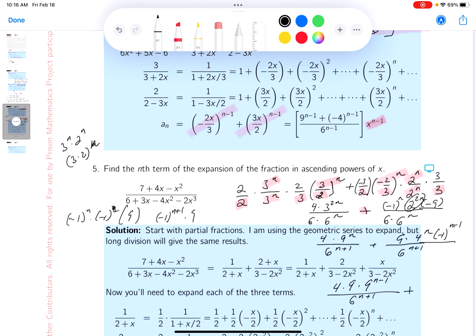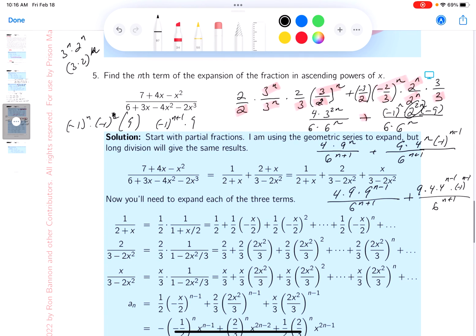I'm not saying it's going to be easy for you. And I'm looking at this one over here, and I'm going to do the same thing. I'm going to do a 9 and borrow a 4. And you can get 4 to the n minus 1 and then minus 1 to the n minus 1 over 6 to the n plus 1.